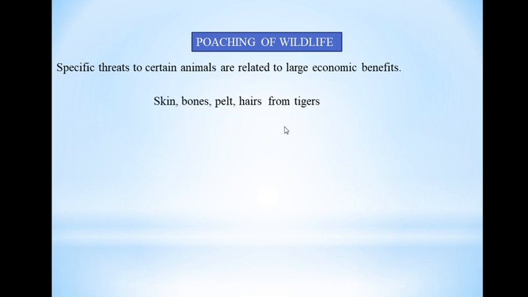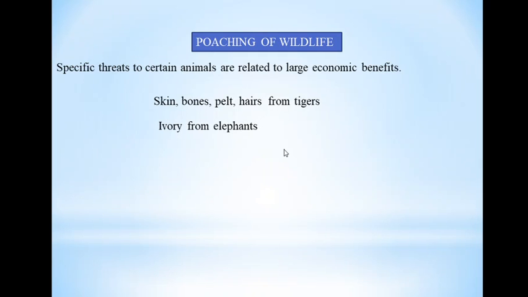For example, skins, bones, and pelt hair from the tiger. So many tigers are killed. Bengal tigers and Asiatic tigers have been killed because of these things, and only a few tigers are left in the world.